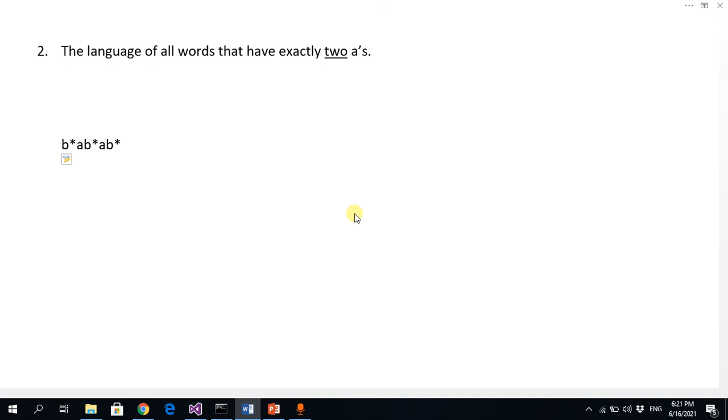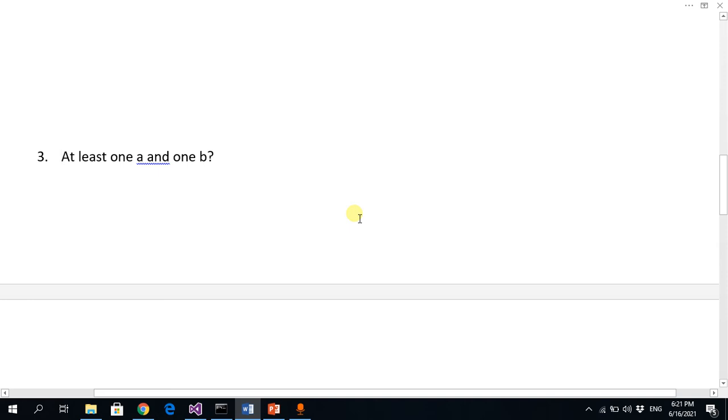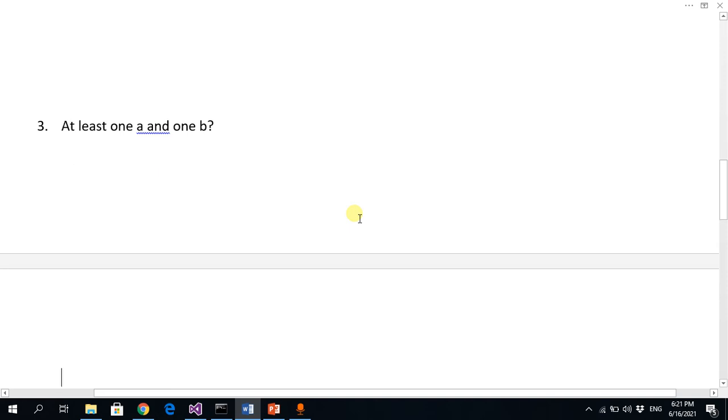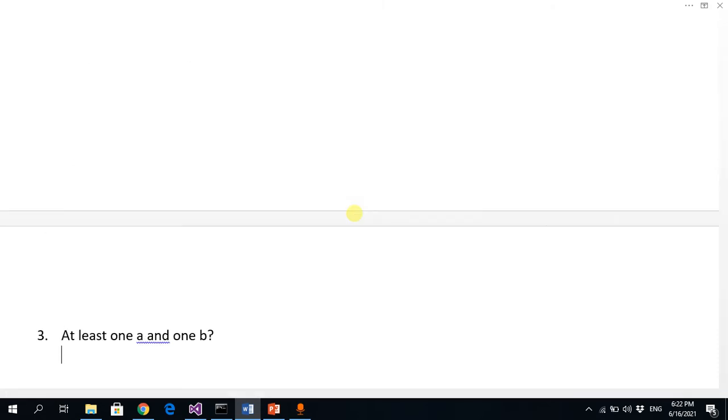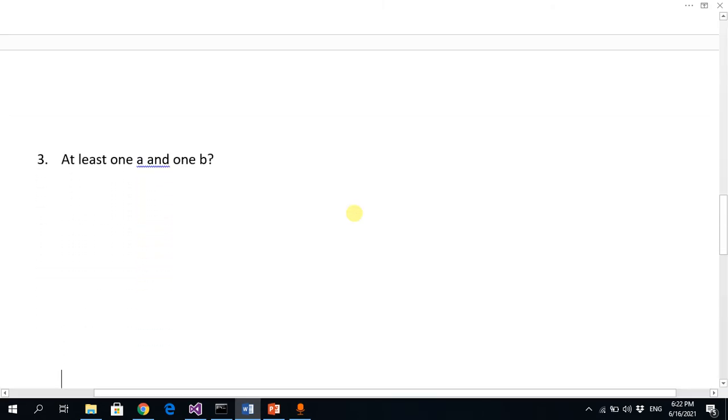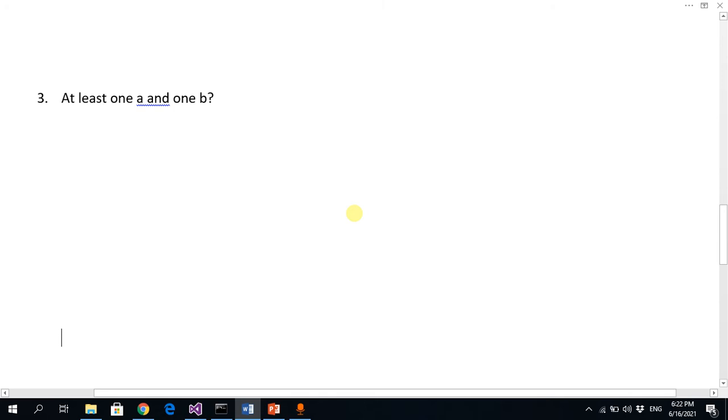And now we see the third scenario. This is the third one, and it says that you have to write the regular expression for the language where we have at least one A and one B. So it may be like this, AB, or like this, BA, and there is no condition that there may not be something between these AB or after and before this AB.